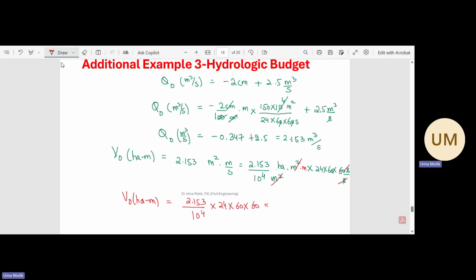This is your answer in hectare meter. So 2.153 multiplied by 24 multiplied by 60 multiplied by 60 divided by 10 raised to power 4 gives you 18.6 hectare meter as your answer. Okay, so that is about it for your water budget extra problems.